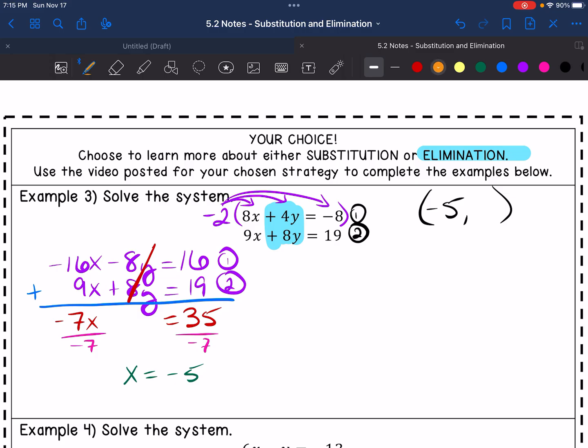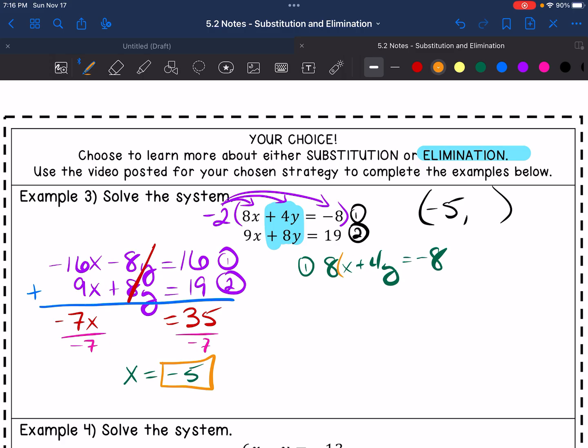It doesn't matter which equation I choose, but for one of my equations, I'm going to use the fact that x equals -5 to replace my x. So let's say I just roll with equation 1, right? Equation 1 was 8x plus 4y equals -8. I'm using the original equation 1.